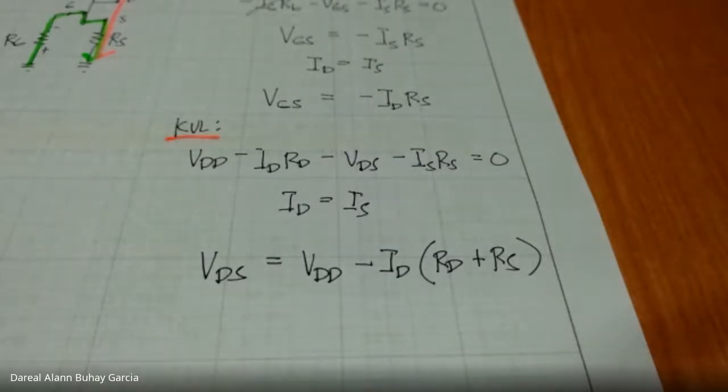So let's solve one last example on self-bias. I want to emphasize that aside from fixed bias, all solutions with regard to FET analysis follow this format and these steps. Example number 3.